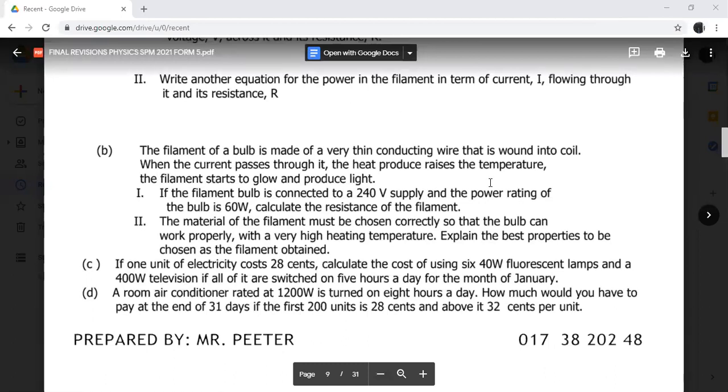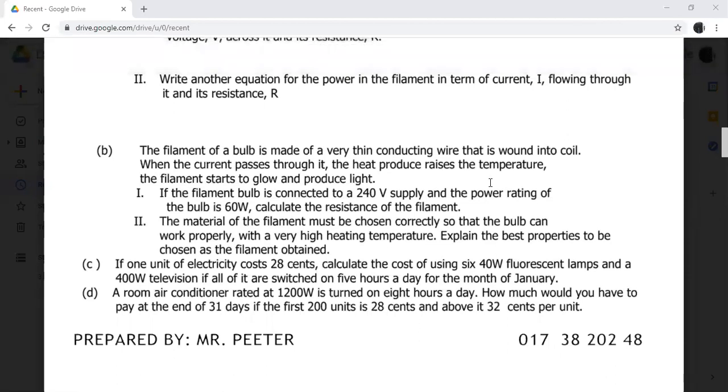The filament of a bulb is made of a very thin conducting wire that is wound into a coil. When the current passes through it, the heat raises the temperature. The filament starts to glow and produce light. If the filament bulb is connected to a 240 volt supply and the power rating of the bulb is 60 watts, calculate the resistance of the filament.